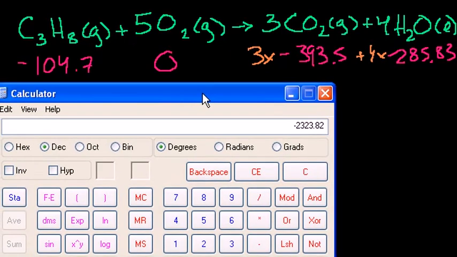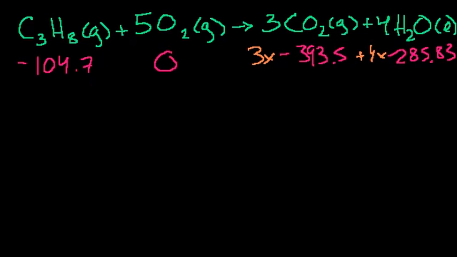And then we have to subtract out 1 times this, or we could just add 104.7. So let me just do that. Plus 104.7 is equal to minus 2,200.